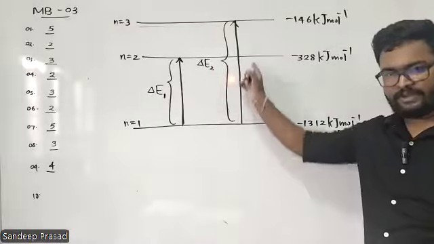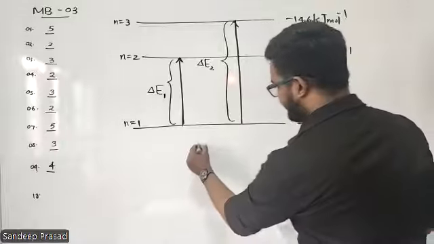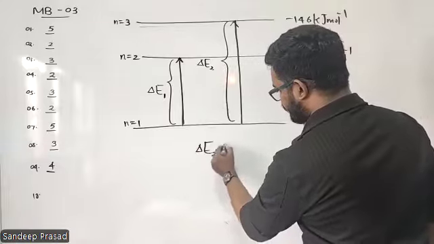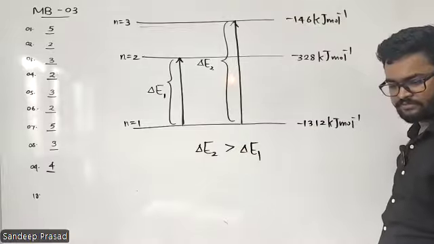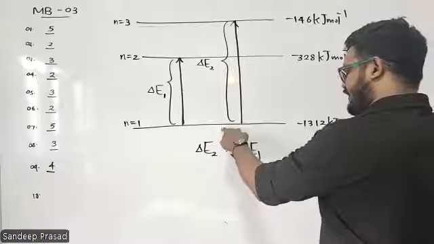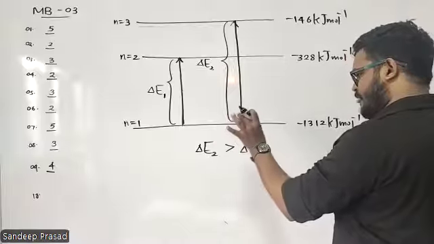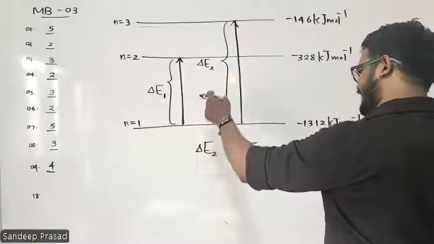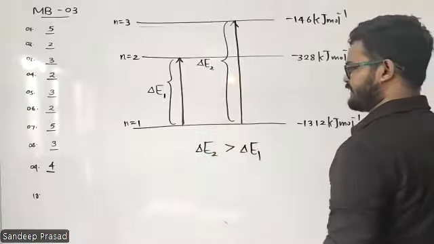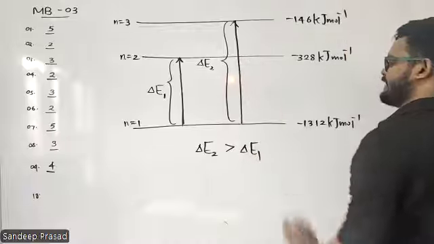This one or this one? Delta E2. As you can see here, delta E2 has a larger energy than delta E1. Now listen to this very carefully. That electron can ionize by jumping to the second principal energy level or to the third principal energy level.